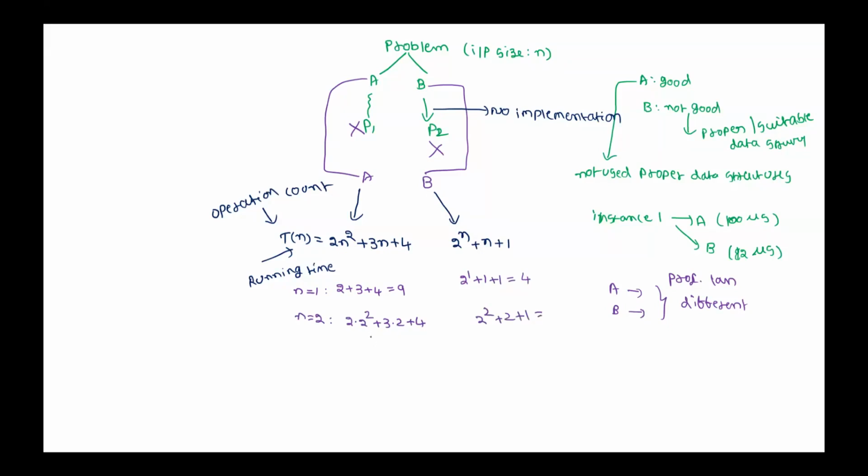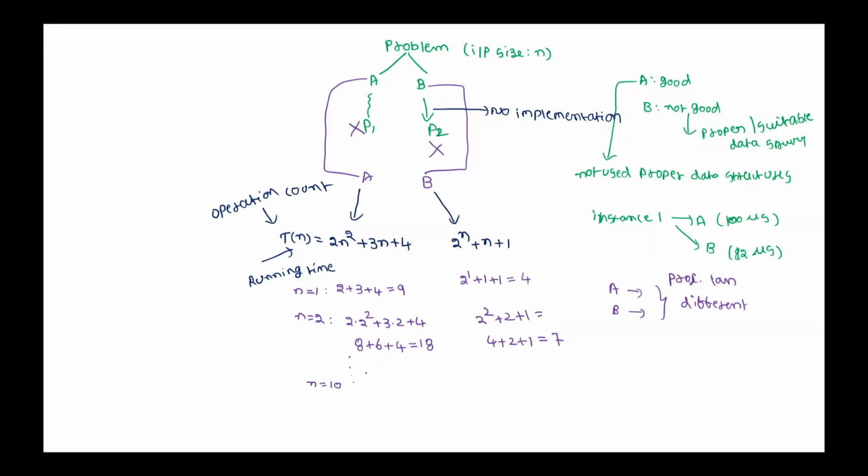Sir, before we conclude, we should always consider the larger instance values; n equal to 1, 2 doesn't matter. If you go for 1,000, 2,000, it happens that after a crossover point, for all the instance values, algorithm A would be better. That's what I am going to say, because there are some BTech students also.